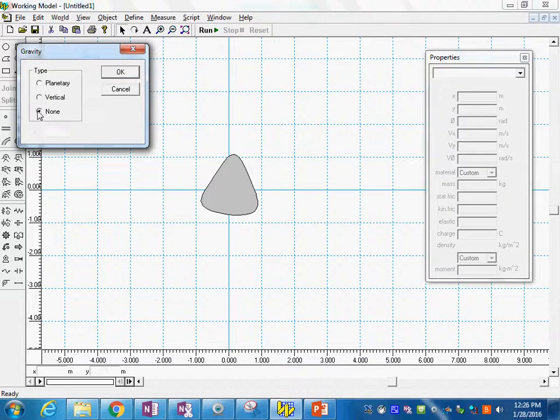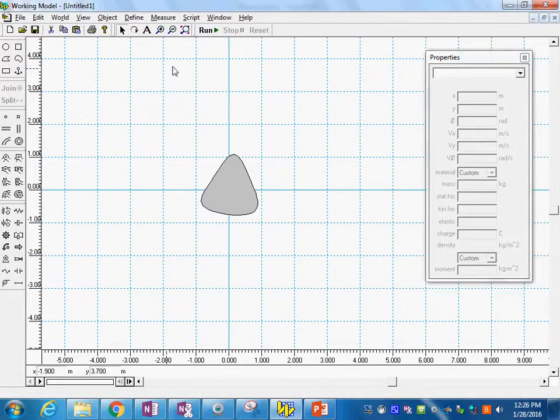But if you see no gravity, what will happen if I click on run? Nothing. Yeah? This is equivalent to having a top view. Yeah? So that's the equivalent of this.